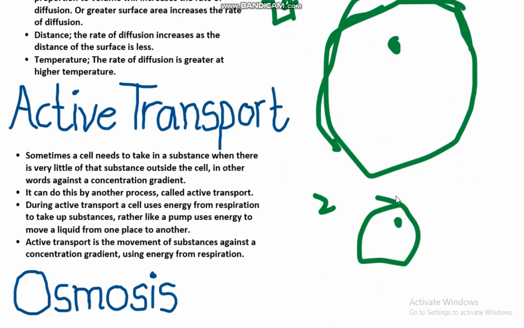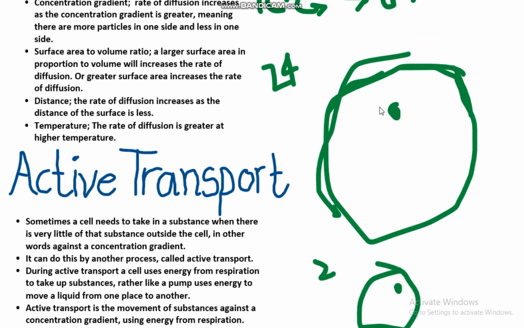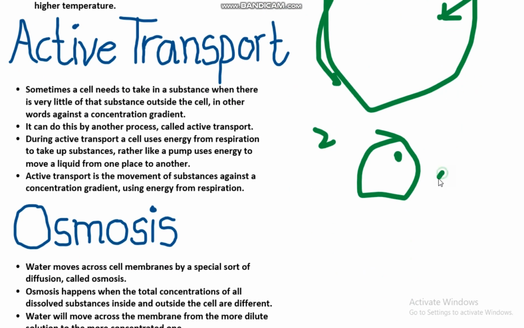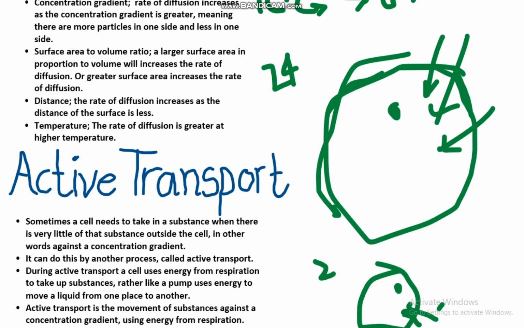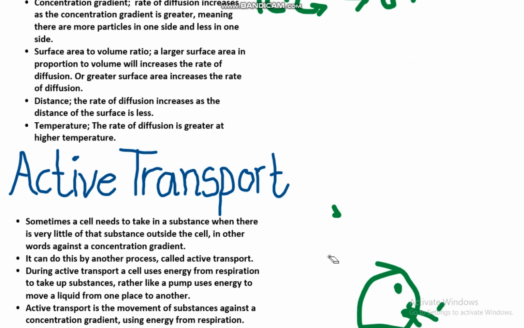The surface area is greater and it covers most of the volume. So as the volume is less than the surface area, it will allow more particles to come in at a faster rate than this cell, because it has to cover more volume and it has less surface area to cover it. So the higher ratio would increase the rate of diffusion. By this example we understand that the higher the surface area to volume ratio, the higher the rate of diffusion.